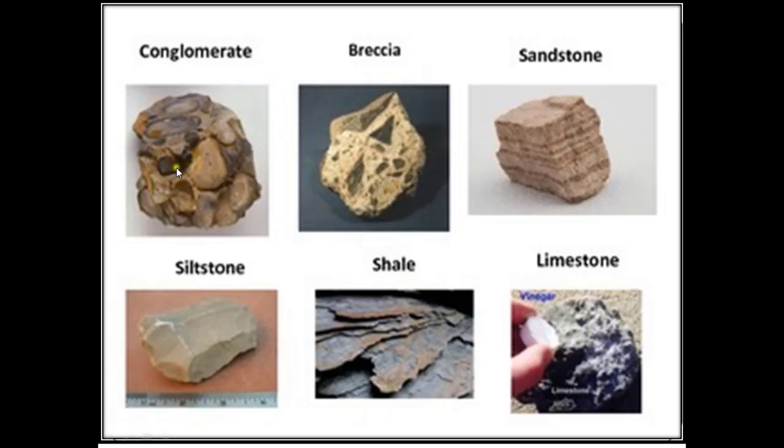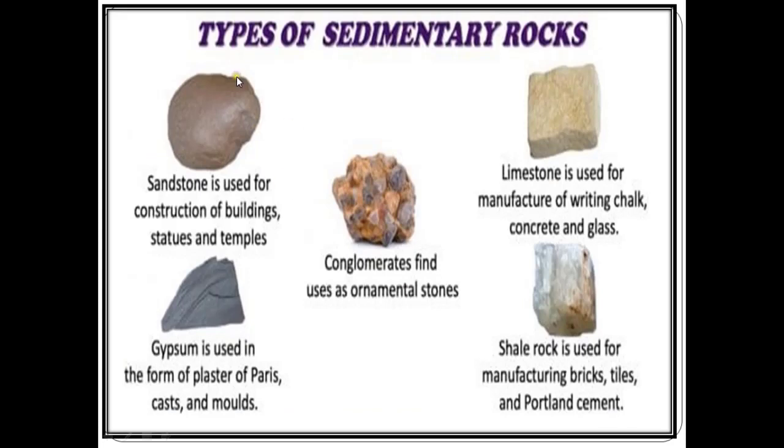Now let's see what the different kinds of sedimentary rock are. These are conglomerate, then breccia, then sandstone. Also we can see siltstone, shale, and limestone. These are the different kinds of rock, and how they are formed. So let's see one by one the types of sedimentary rock, their uses, and how they are formed.